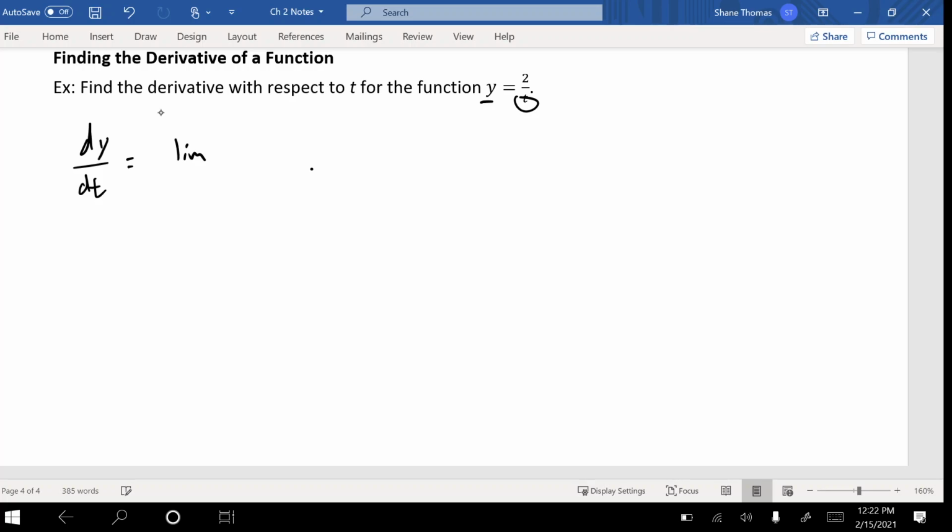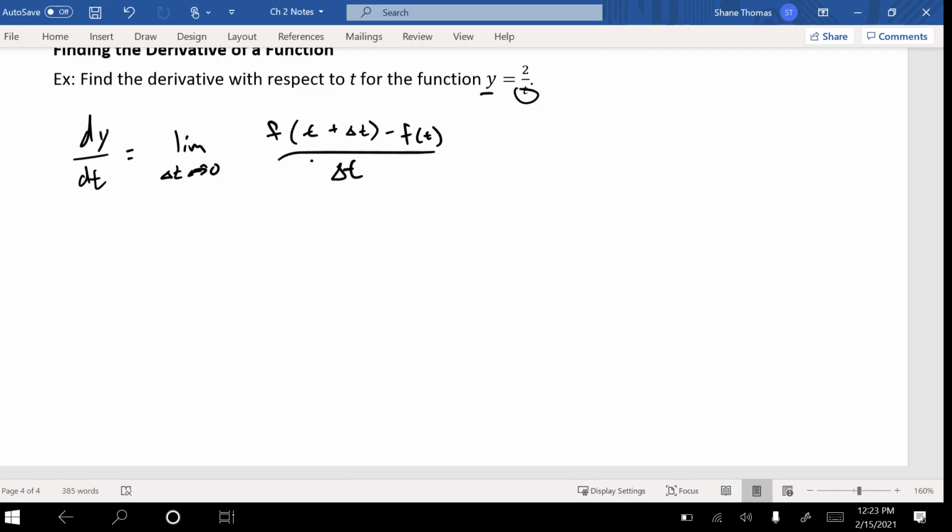We're still just looking for the limit. This time it would be the limit as delta t approaches 0. In this case, nothing changes, just t is now x. So we have f of t plus delta t minus f of t over delta t. It's the same formula, I just have t's in place of x.